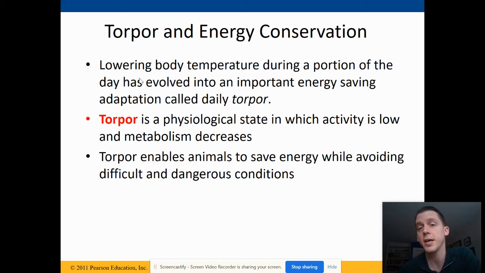Torpor is a physiological state in which activity is low and metabolism decreases. This allows animals to save energy, and it also allows them to sleep or find somewhere safe to go when there are difficult and dangerous conditions. So they're saving energy and avoiding being out in conditions that would make it hard for them to find food.